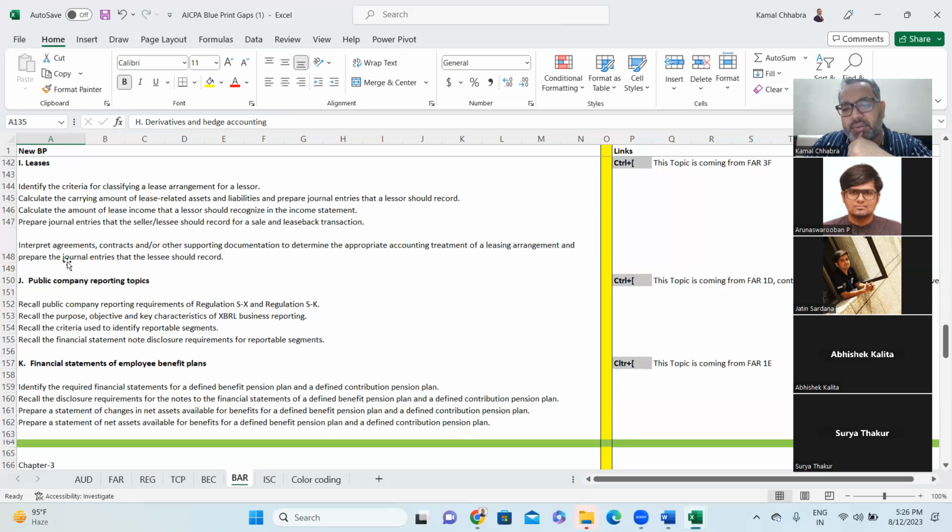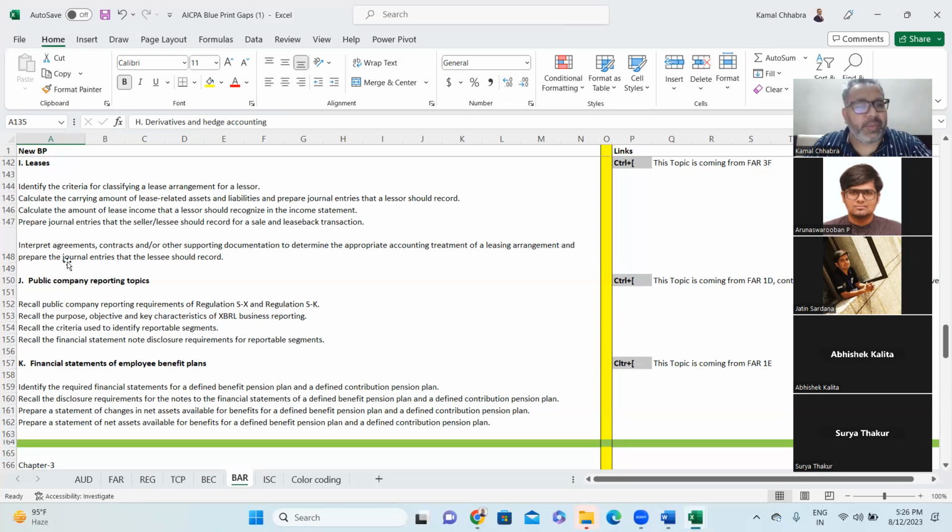The whole objective is that you can correlate what you are studying with your engagement and experiences, then it will be easy to retain for the exam.